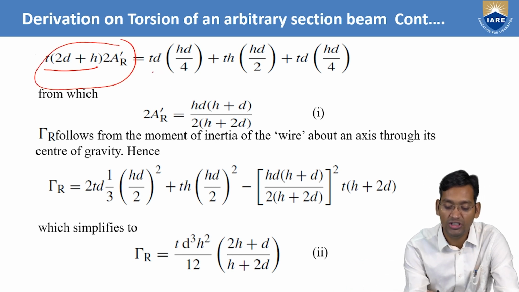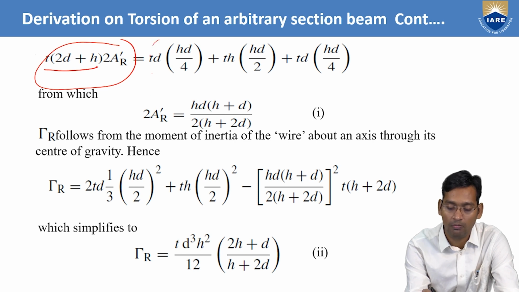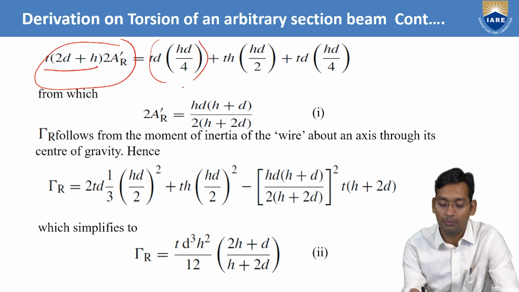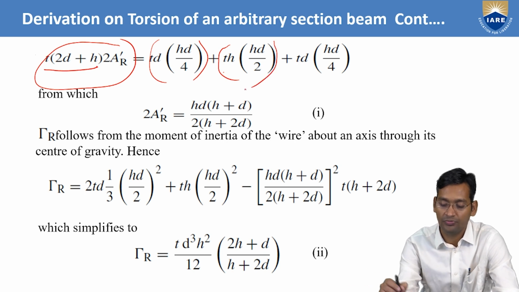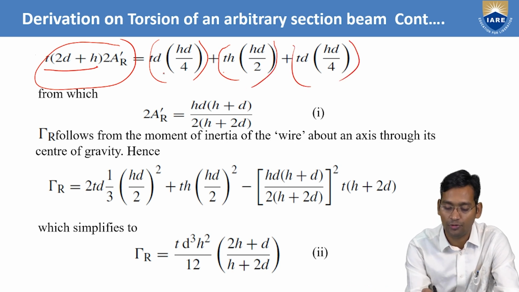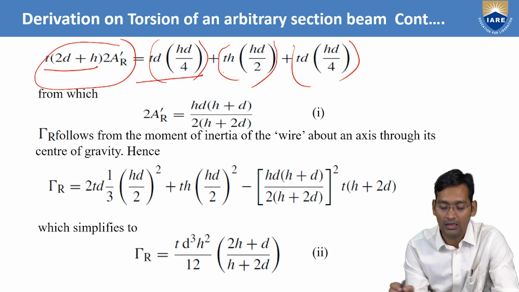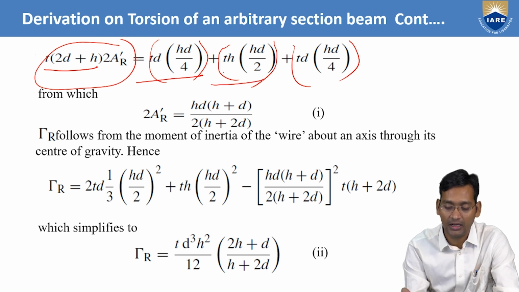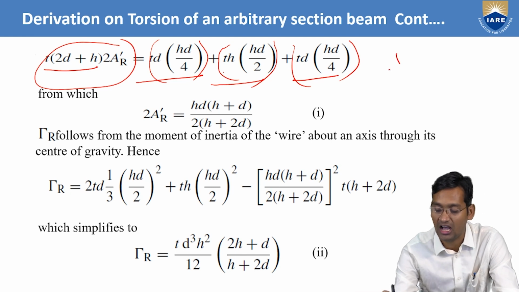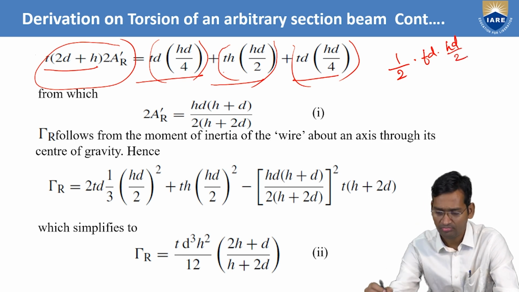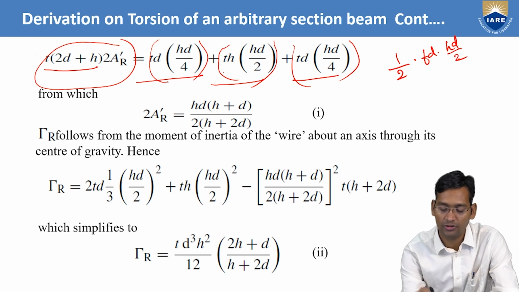That should be equal to td into h by 4, plus t h into hd by 2, plus td into hd by 4. So this is for the triangle, this is for the rectangle, and this is for another triangle. Td into, or you can say half into td into hd by 2: half base into height for the triangle.